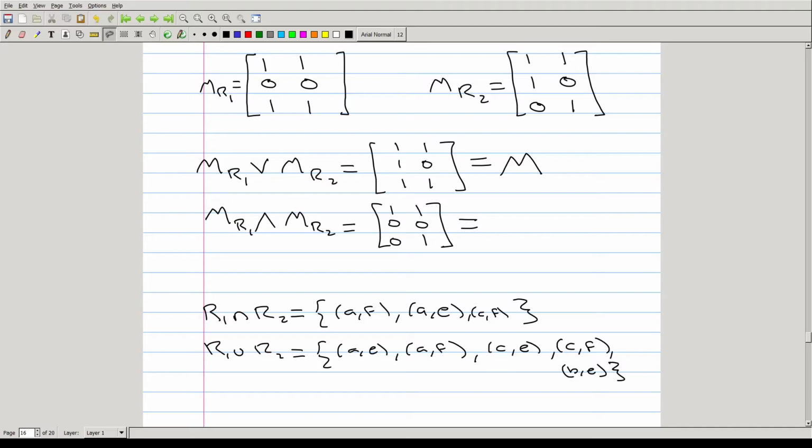And if you look at these two matrices and you think of what the intersection of these two relations, or these two sets of ordered pairs, is, and the union of these two sets of ordered pairs is, you'll see that what we get for the intersection and the union is exactly what these matrices are giving us.